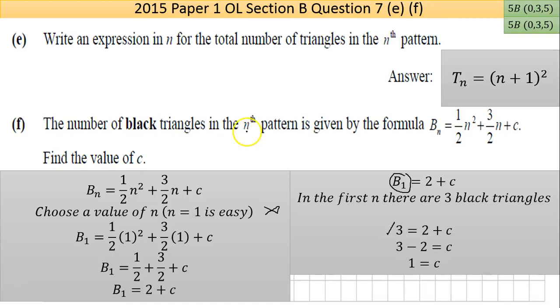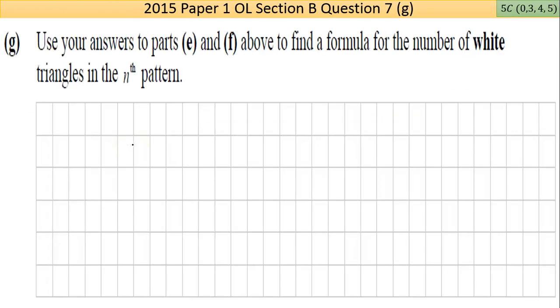If you're given a formula, just throw a number in. They're going to assume you put in an n value for a reason, and they most likely will give you the attempt. This question is worth 5 marks, so there's a jump from 0 to 3 to 5. If you get the attempt, that's 3 marks out of 5. For a question of that complexity, I take that as a win. So that's part F.